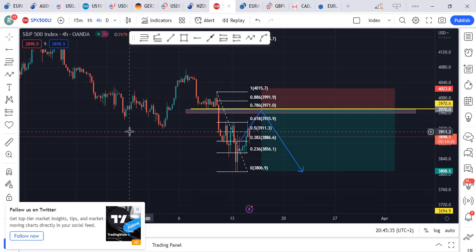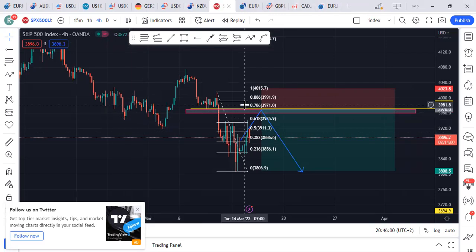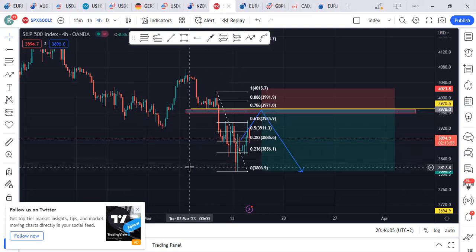Well, this has been most of the trend here actually on S&P 500, which was actually spoken about by the former president of the US, Donald J. Trump, where he said if Joe Biden becomes president, we're gonna see the stock market falling, which is actually what has happened over the last couple of years, ever since Mr. Joe Biden took office. In this particular case, you're looking to sell S&P 500 around this zone.